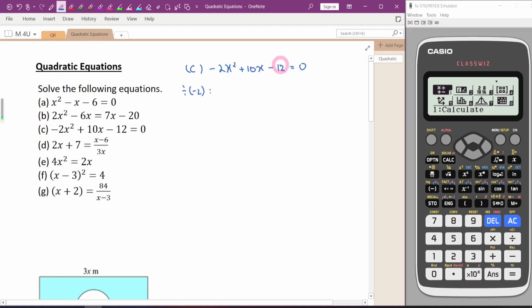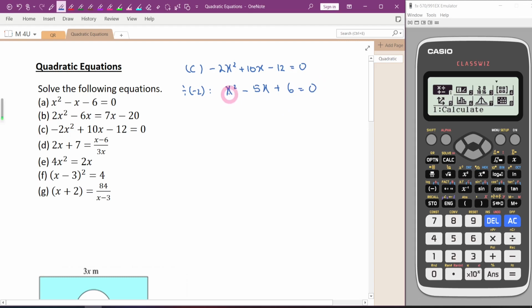Every single term here, I'm going to divide by -2. When we divide by a negative number, all the signs change. Negative becomes positive, positive becomes negative. 10 divided by 2, you get 5. Negative divided by a negative becomes positive. 12 divided by 2, you get 6.